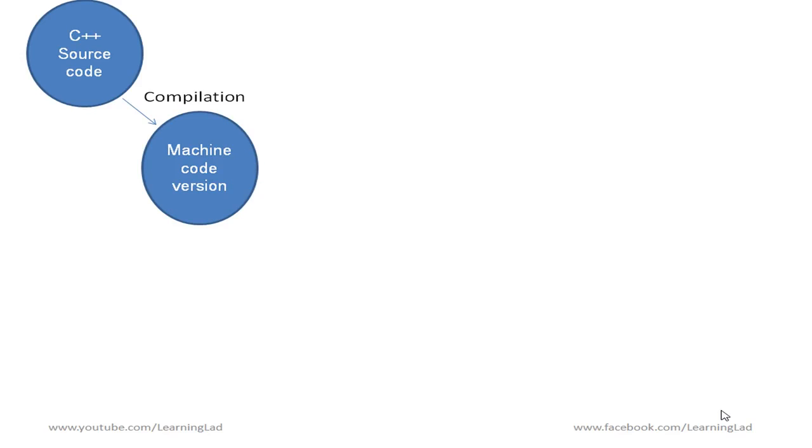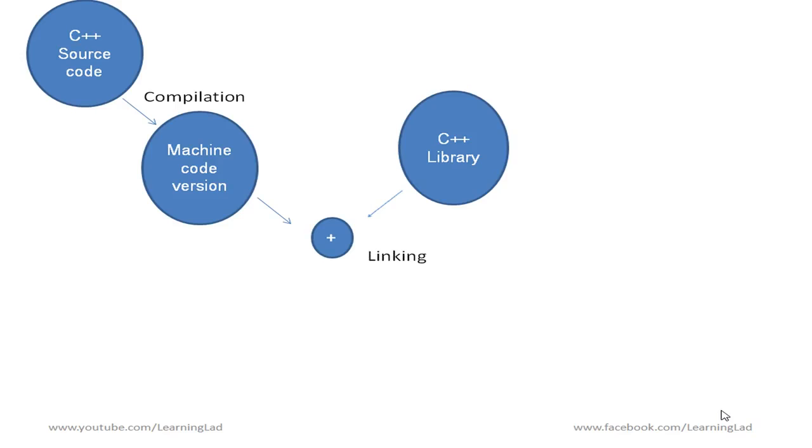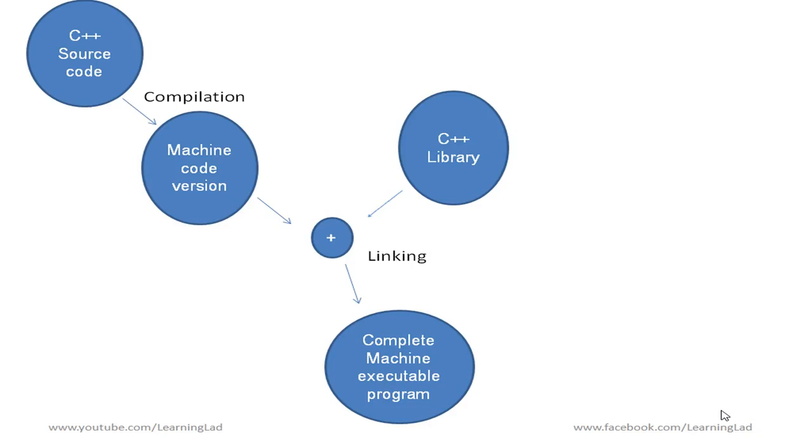This machine code version is gonna contain some symbolic references to other functions, data, or library functions provided by C++. Next, we link this object file, the machine code version, with the C++ library using the linker, and the process is called linking. Here the references are resolved and we get a complete machine executable program. This complete machine executable program is an application which can be executed by the operating system.